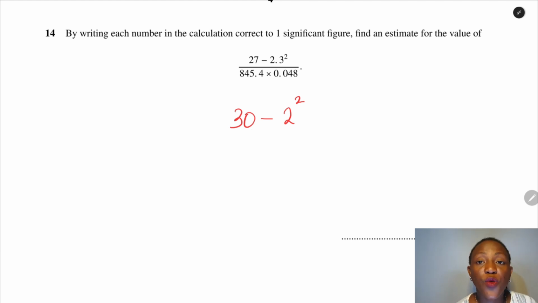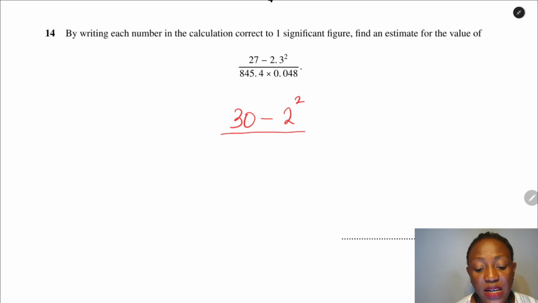Okay, please remember, before you raise the power, you need to round the number itself to the given instruction. You'll notice that I didn't find 2.3 raised to power 2 first before changing it to one significant figure. No, I have to change the 2.3 to one significant figure before I apply the power. Please bear that in mind.